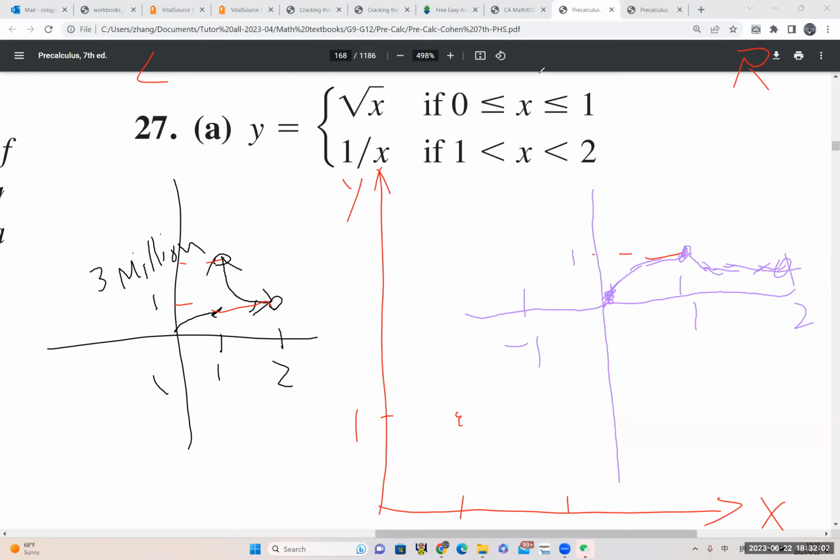For the square root function, it should look like this, right? But we just need a part of it, so stop here, right? Then for 1 over x, if you know it, it should look like this, right? But we just need this part, anyway.